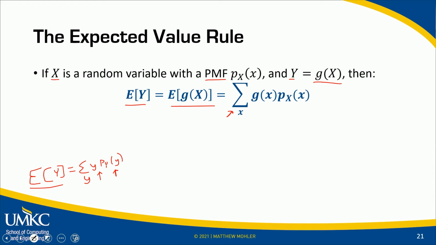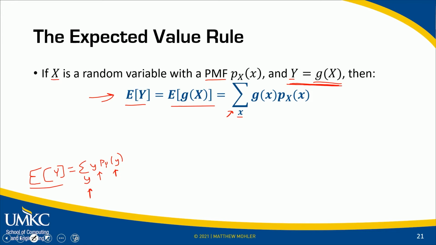Now, as you'll notice in this equation, the sum is over y, but maybe we want to sum over x instead. As long as our y is a function of x, some g of x, then we can utilize this expected value rule to our advantage, which says that the expected value of y is actually equal to the sum over all the possible values of x.